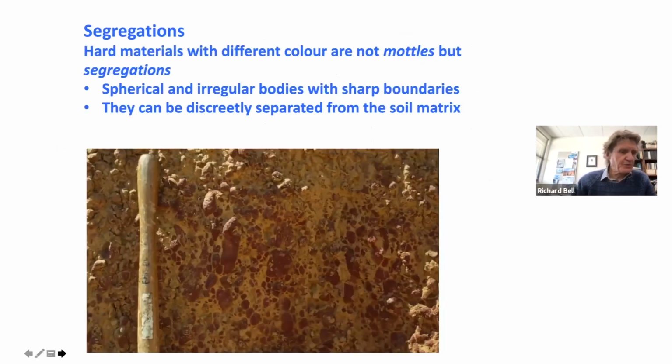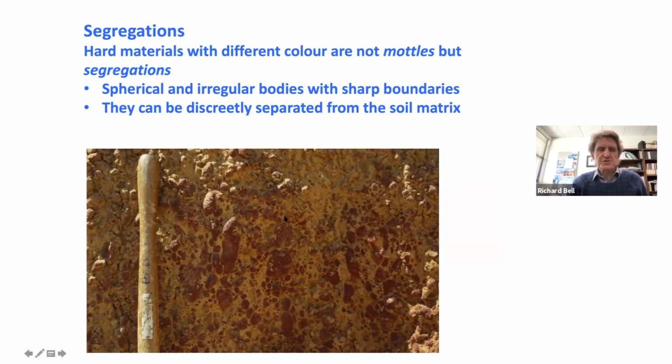Another property is what we call segregations. And at first, these might look like mottles because they do present different colors, but mottles are soft soil material and segregations are hard, as shown here with these gravel fragments, which are obviously quite common in our West Australian soils.